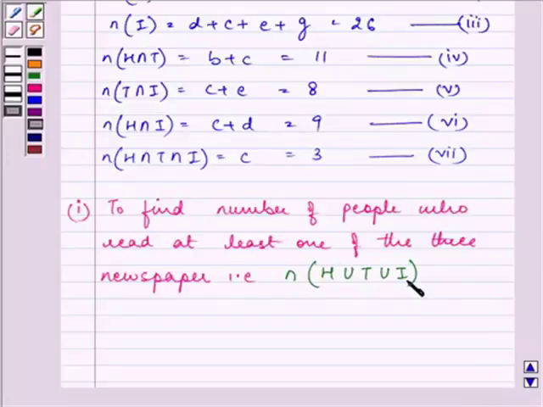So we can find it out with the above regions and using one of the formulas that is known to us.